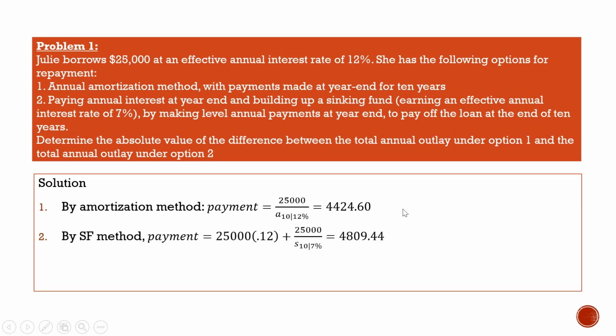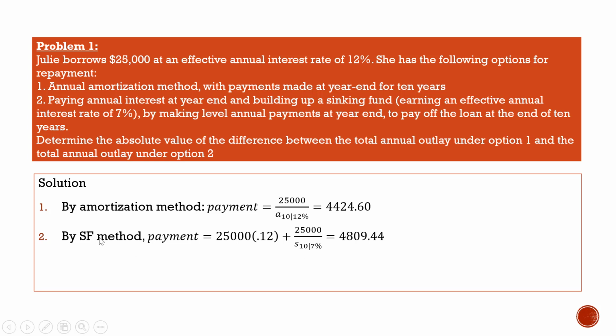Under the SF method, the payment consists of two portions. The first portion is the interest paid to the lender under the 12% interest rate. So it's 25,000 times 0.12. And the second portion is the SF deposit that the borrower is building up, which is 25,000 over s_10 at the rate 7%.